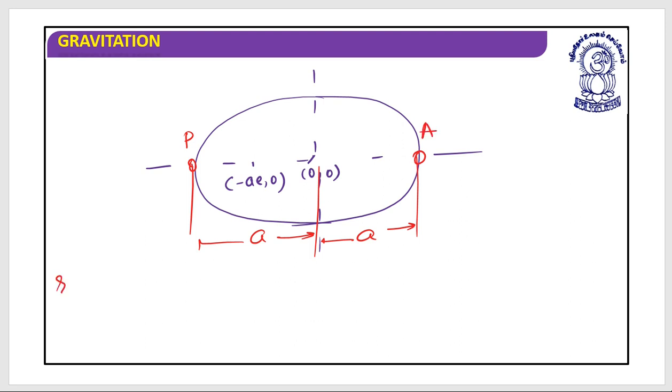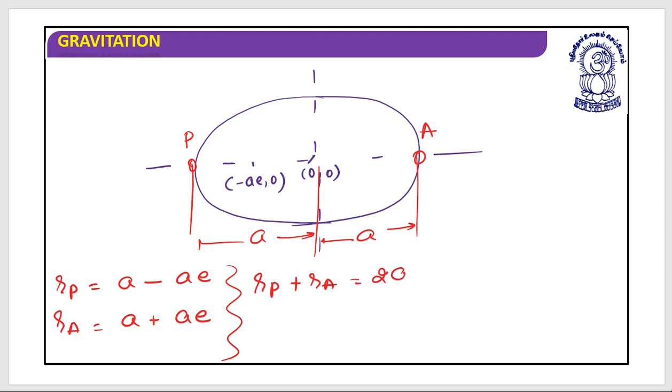We know that rp is equal to a minus ae, and ra is a plus ae. If I add these two, rp plus ra is equal to 2a, and this a can be written as rp plus ra by 2. This is the value of the semi-major axis.